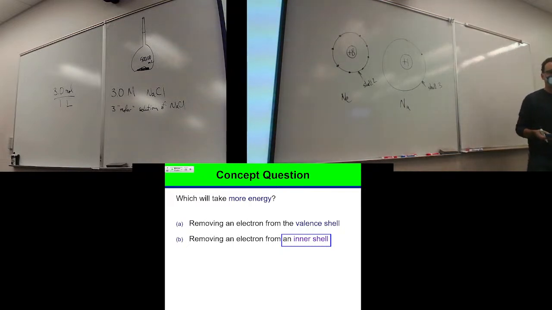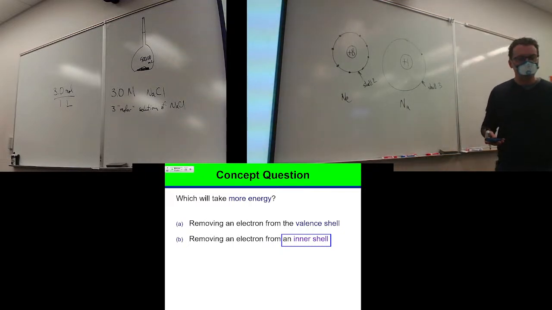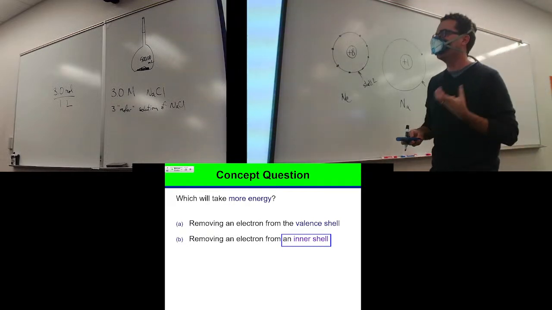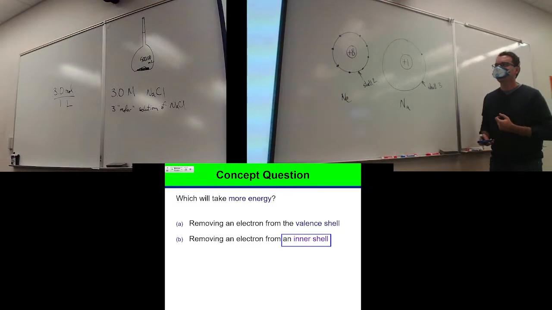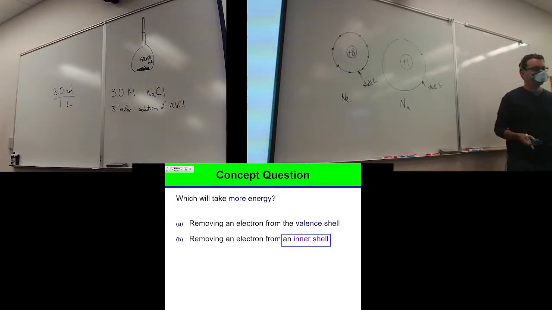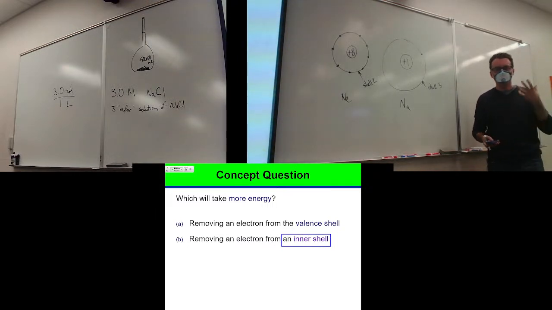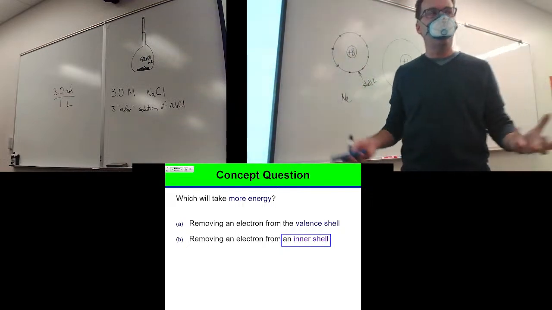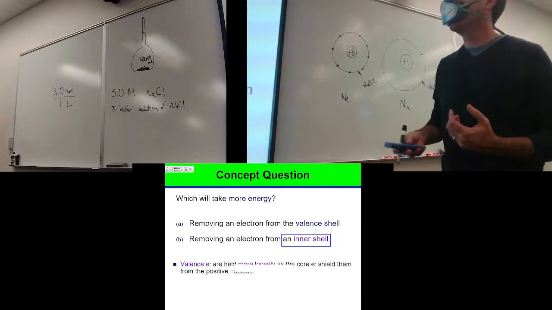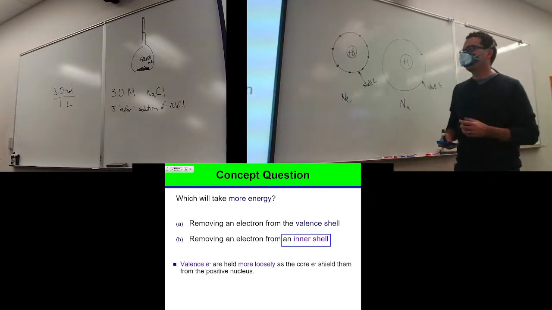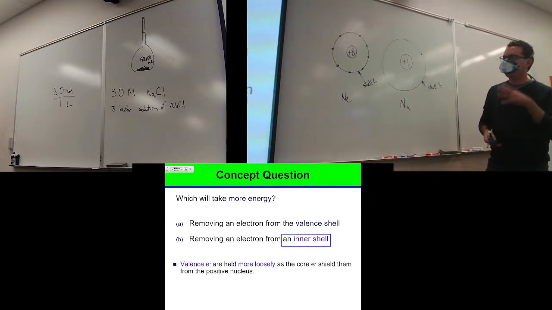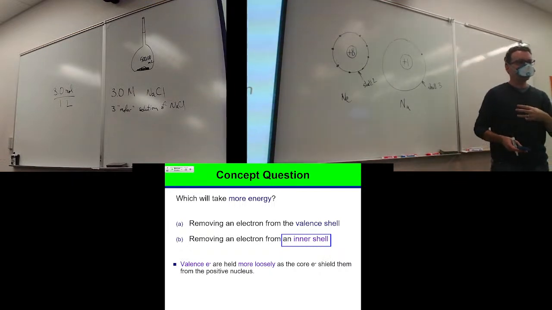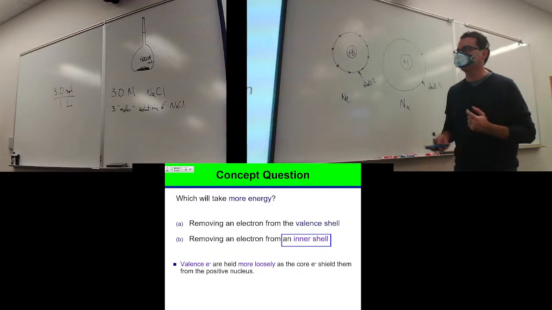There's less in the way. They're closer to the positive charge. It's going to have a higher ionization energy, much harder to remove. This is why we don't really look at the inner shell electrons when we talk about reactivity. We only look at the valence shell. They're the furthest away, the easiest to remove. They're going to interact with the rest of the world, basically. They're more loosely held. And they are shielded from the nucleus by the inner electrons. So that's why they're easy to remove.